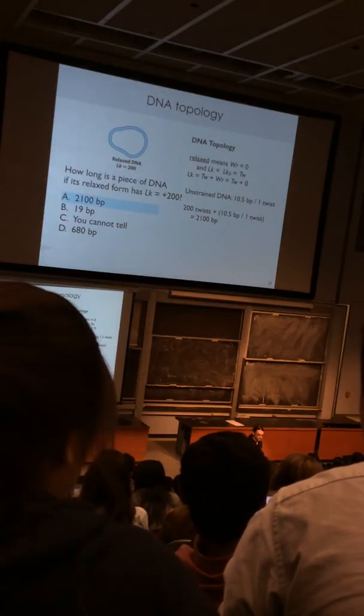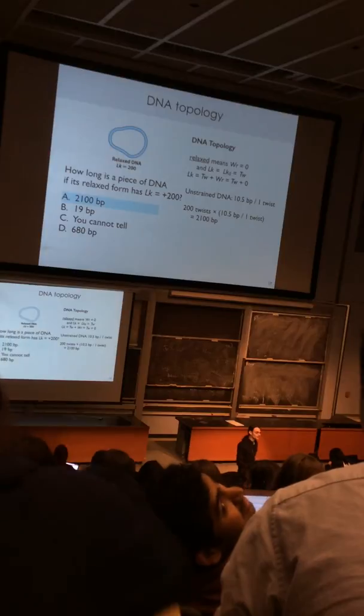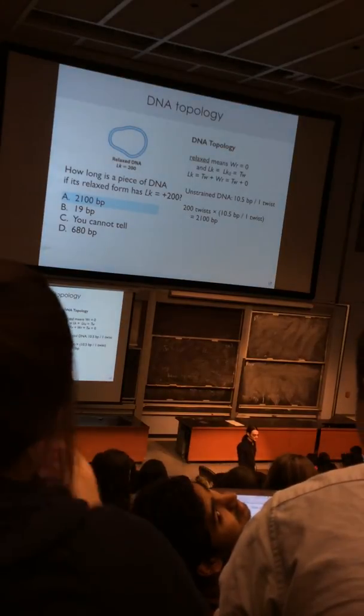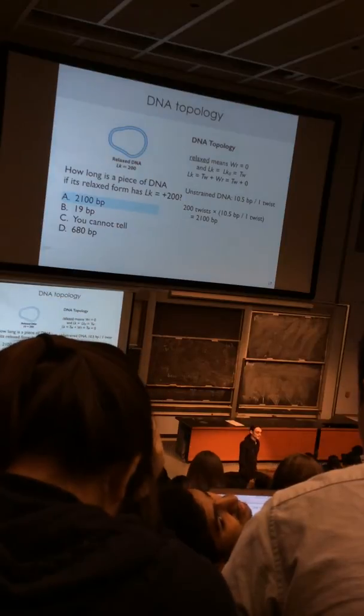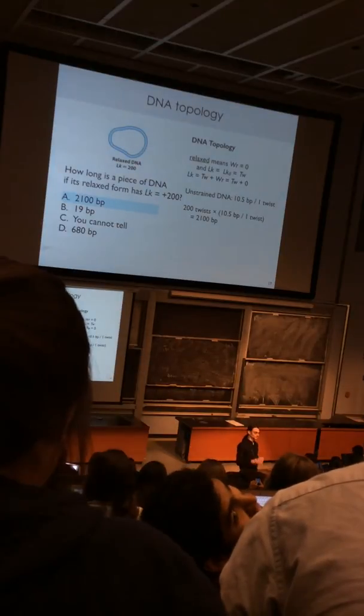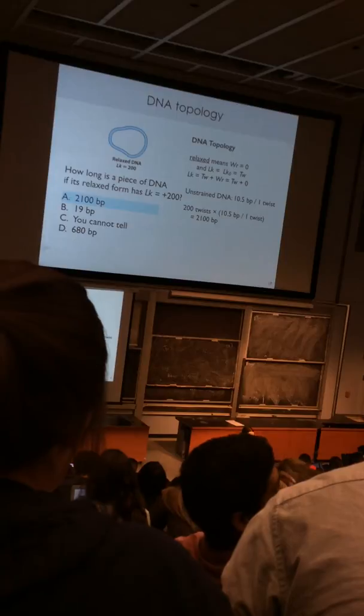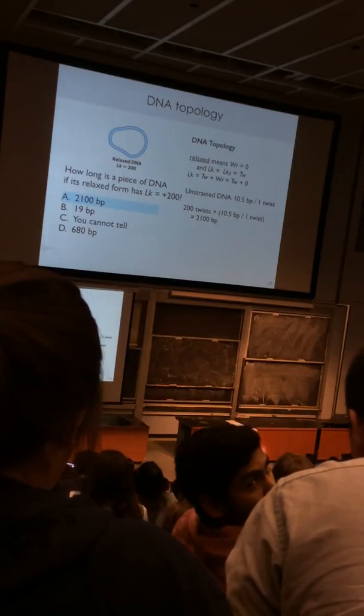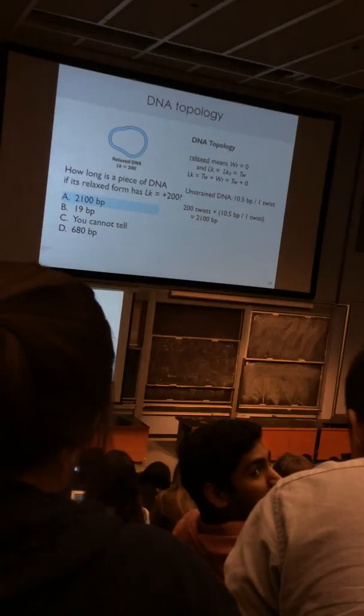And the answer is it's 2,100 base pairs. By saying that the DNA is relaxed, that means that it has no writhe. And it has no writhe when it's able to adopt the linking number, the twist that it would ideally like to have based on its length of B-form DNA.